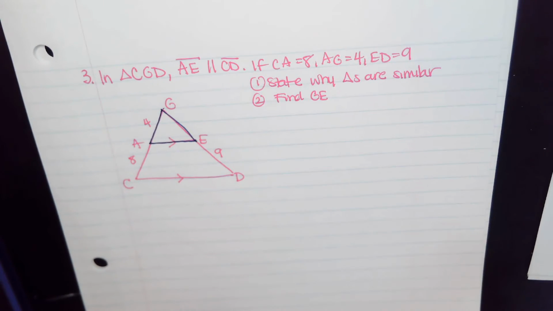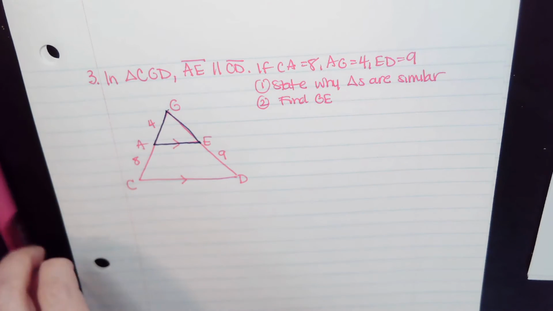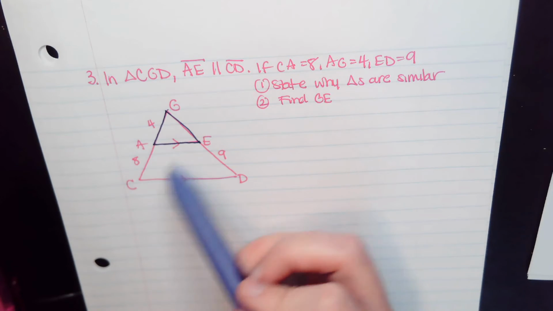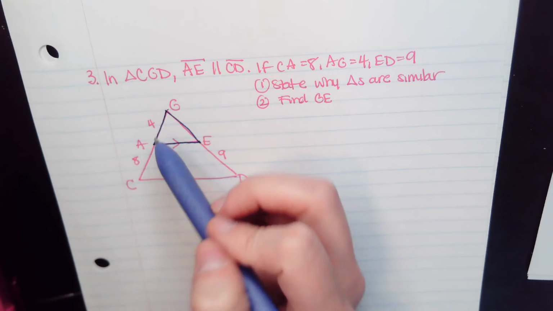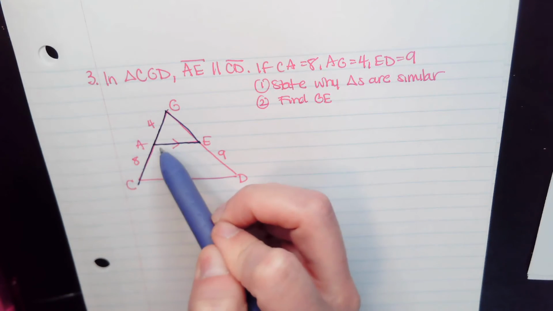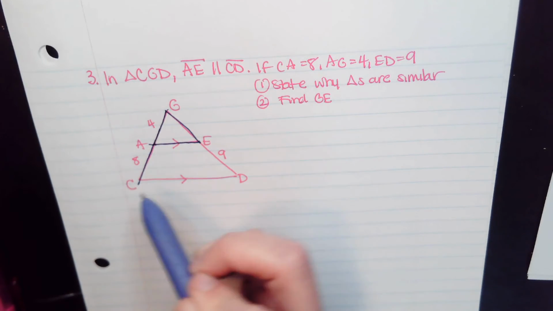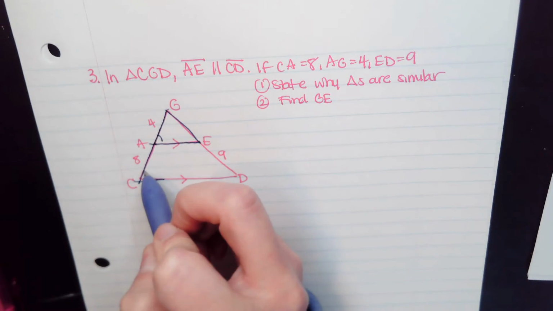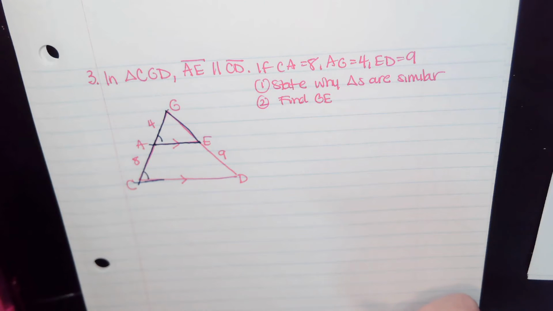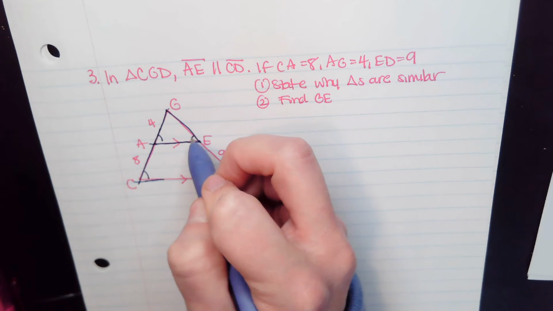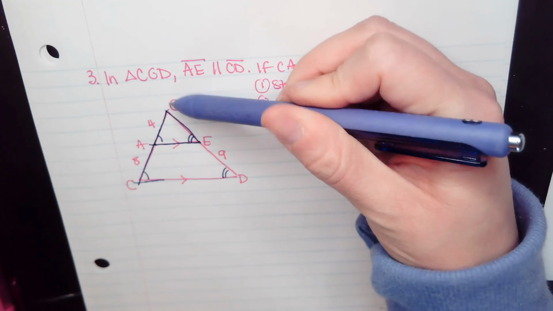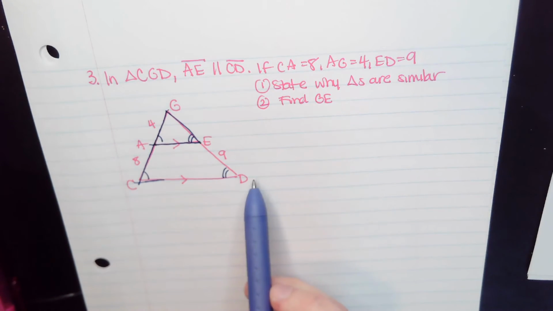So I need to figure out what the two triangles are that are similar and why they're similar. If I have parallel lines, that means I can find a transversal, and I've got two parallel lines cut by a transversal. If you need to extend them, you can. And now you can see these corresponding angles pop out, hopefully. I also have corresponding angles on this side if I look at this transversal cutting through the two parallel lines.